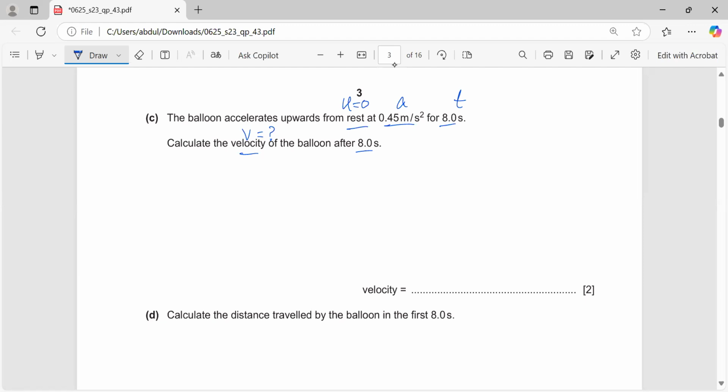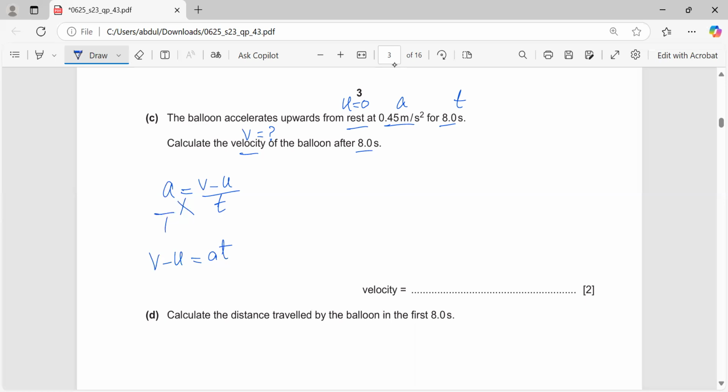Let's use the formula a is equal to v minus u over t, the equation for acceleration. Now let's cross multiply and we get v minus u is equal to a times t, because v minus u times 1 is the same v minus u.